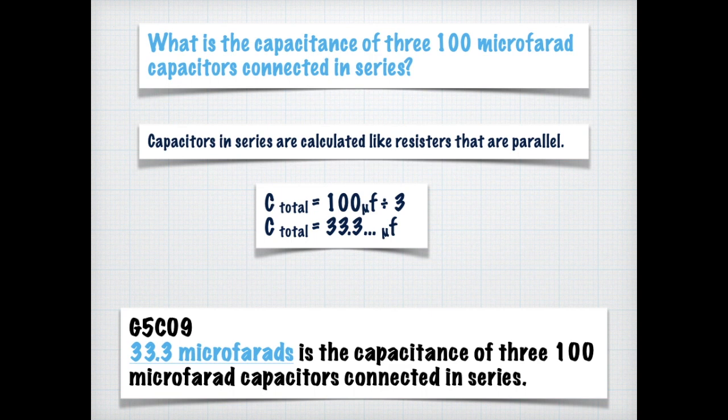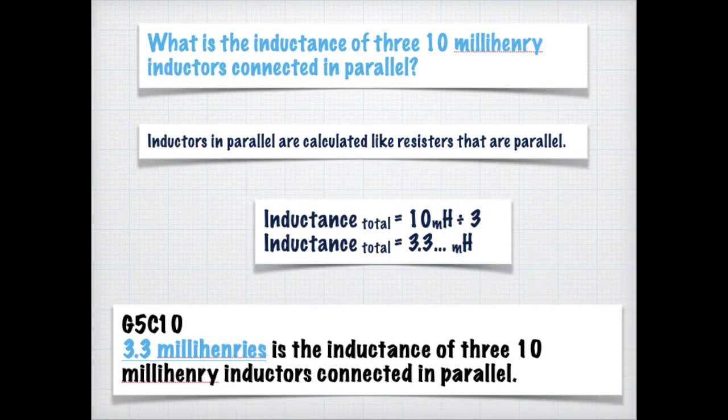capacitors connected in series. Another exam question we might have is, what is the inductance of three 10 millihenry inductors connected in parallel? Okay, so inductors in parallel are calculated like resistors that are in parallel.